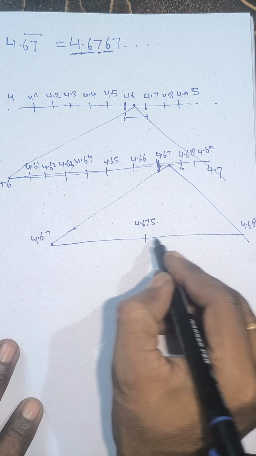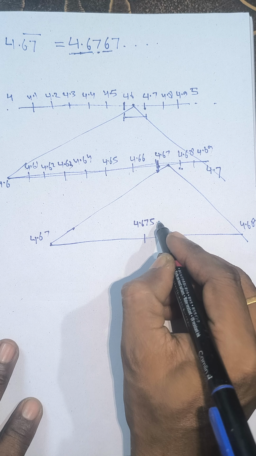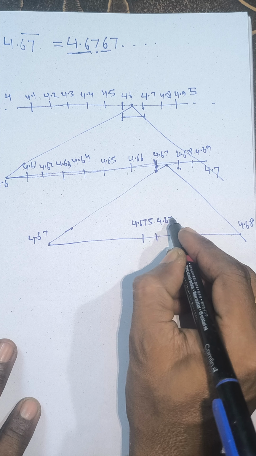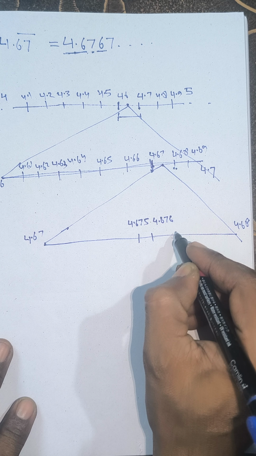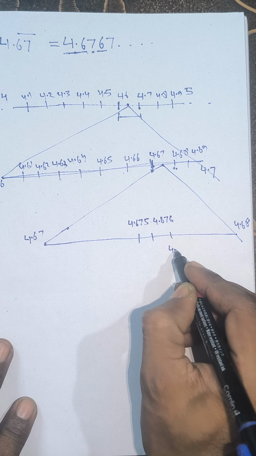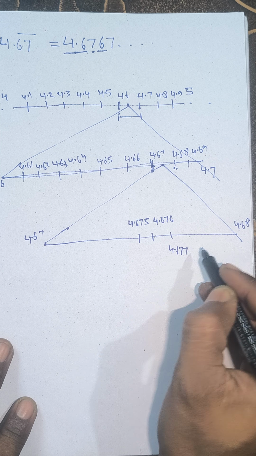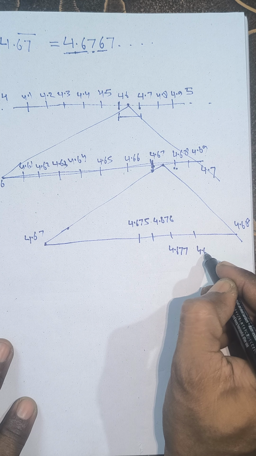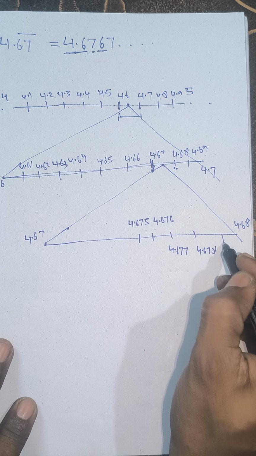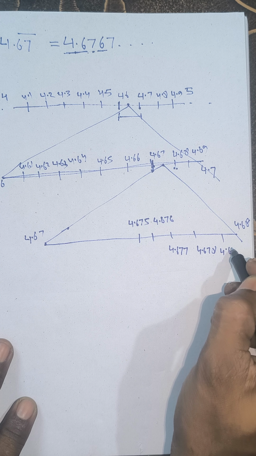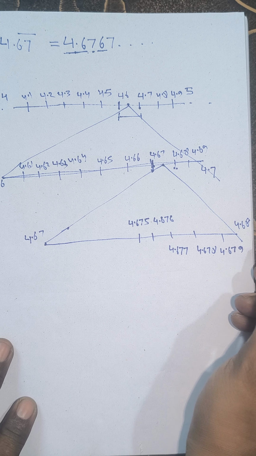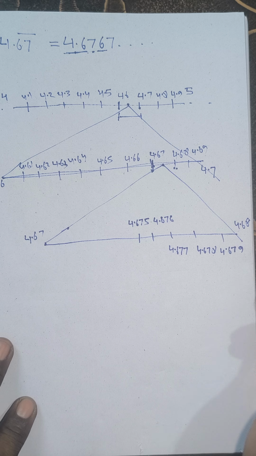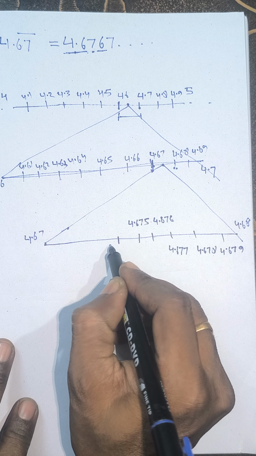Then 4.676, then 4.677, then 4.678, then 4.679, then 4.68, right?